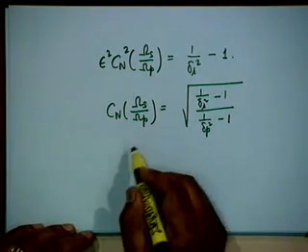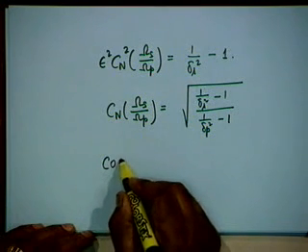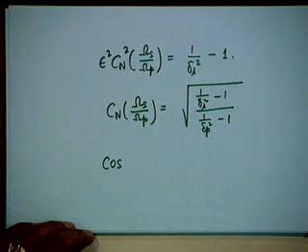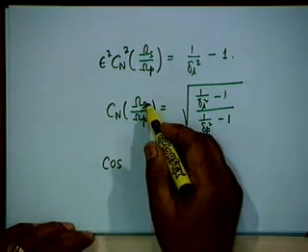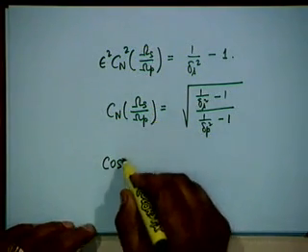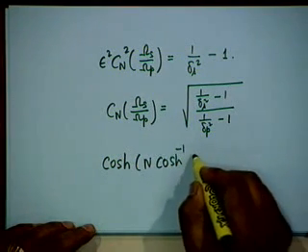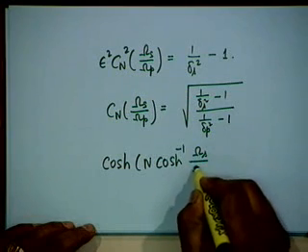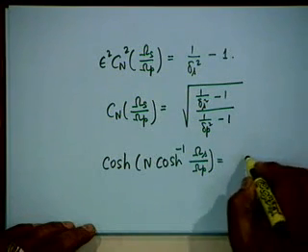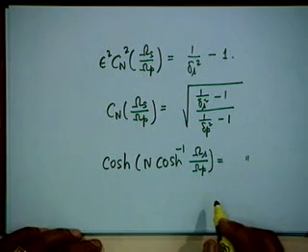Now, what is Cn? Cn is cos, is it cosine or cos? At omega S greater than omega P, and therefore, it should be cos of n cos inverse omega S divided by omega P is equal to this factor, the right hand side.